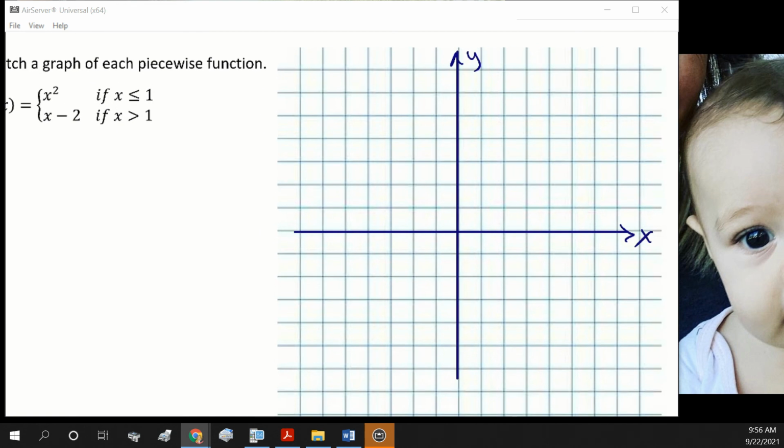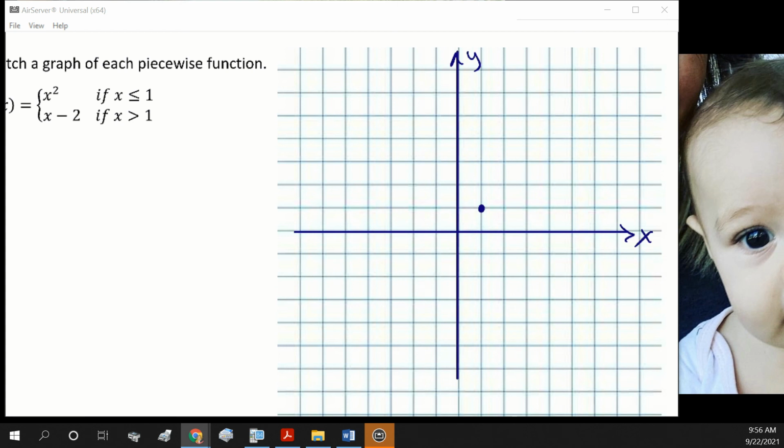All right, so from to the left of 1, it's going to be a parabola. So if I actually plugged 1 into x squared, what would I get? We would get 1. So there's going to be a point at 1, 1. Is it going to be open or closed? Closed. All right. Then I'm going to move to the left.